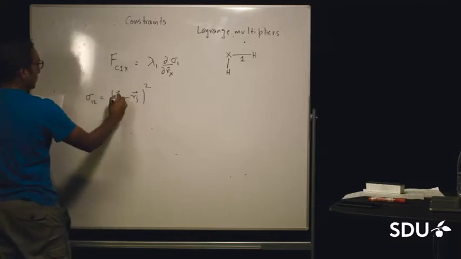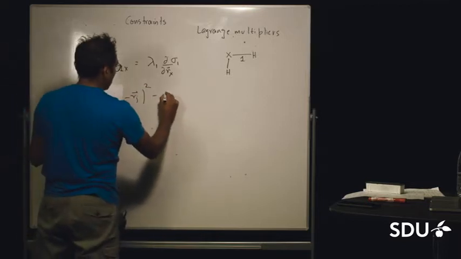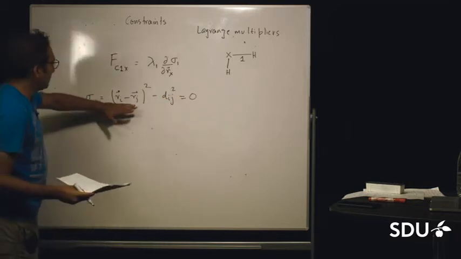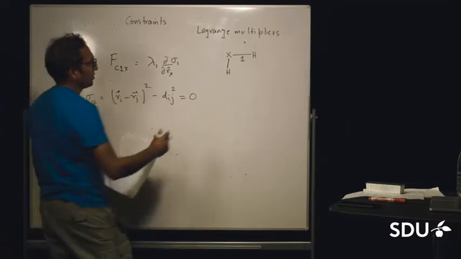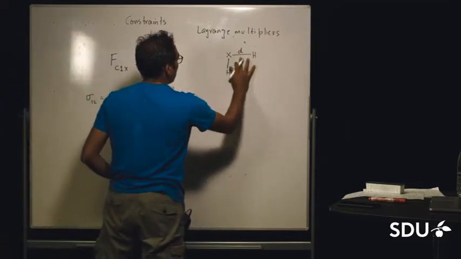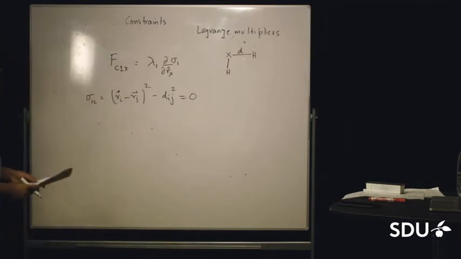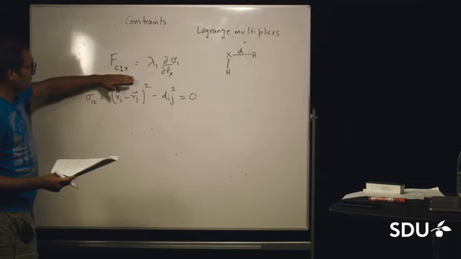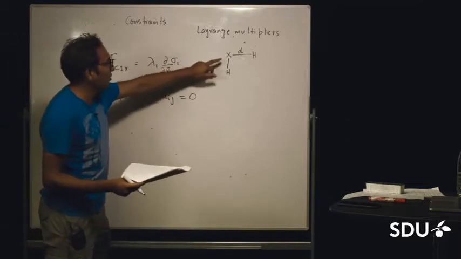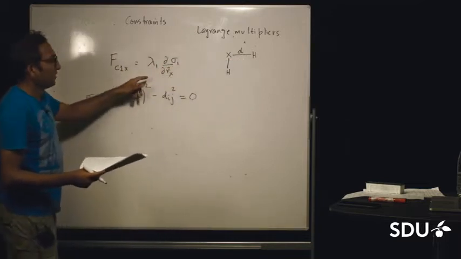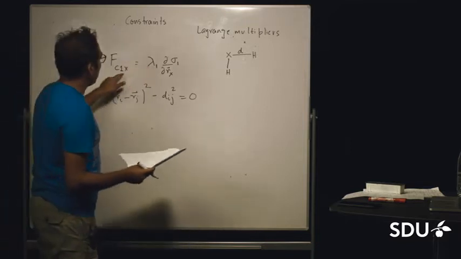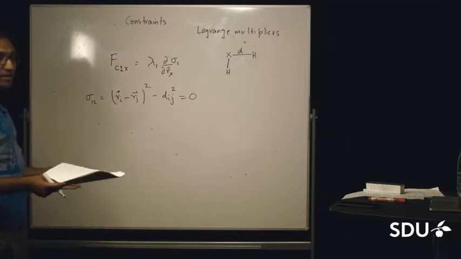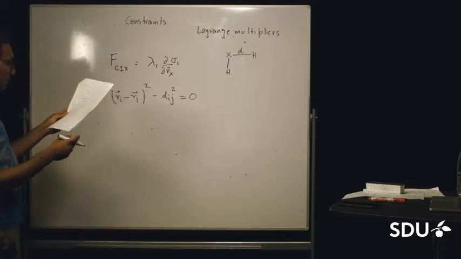So the distance between the two atoms. What this equation says is that the distance between the two atoms is fixed to a distance d. So this is how a constraint is written, and this is the force on atom x because of one constraint. If there are multiple constraints, there will be more forces arising out of constraints only. There are also other forces arising out of standard interactions that have not been written here.